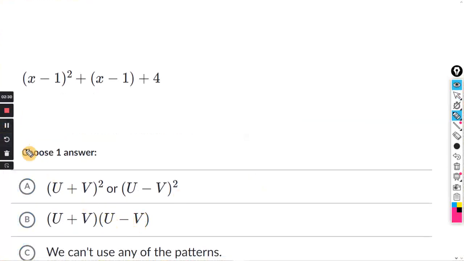So if you go back to the notes that we took in the beginning, the 3 quadratic patterns, this one here, this would be the original before it was factored. This would be in the form of a squared plus b squared. And you got a plus sign there, so it's plus 2ab.